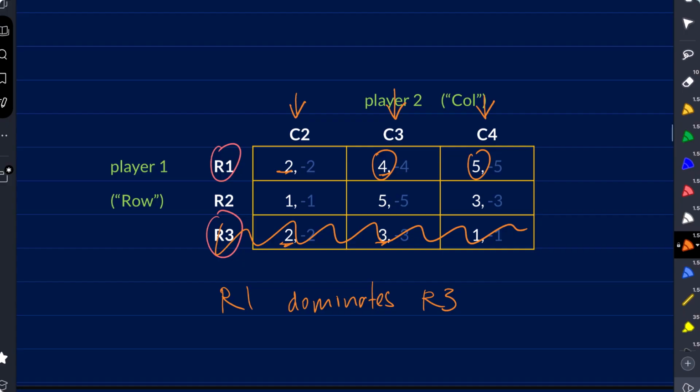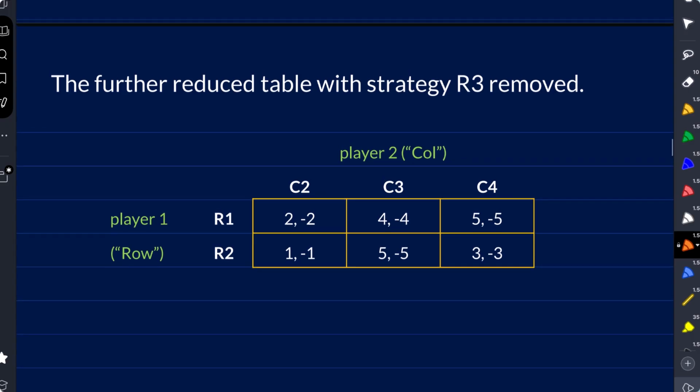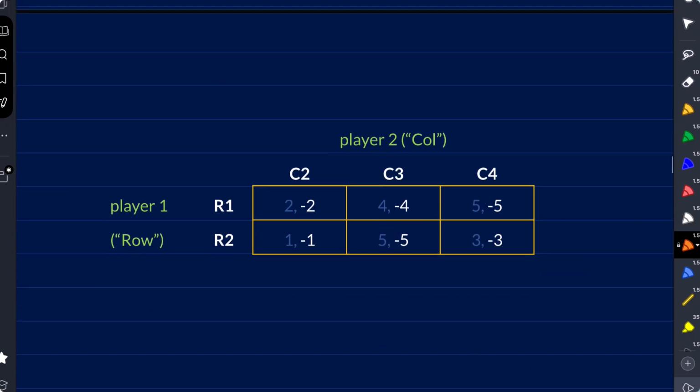So we don't want R3, and both player 1 and player 2 know that. So now, in effect, this is the table. We know that neither R1 nor R2 dominates the other.